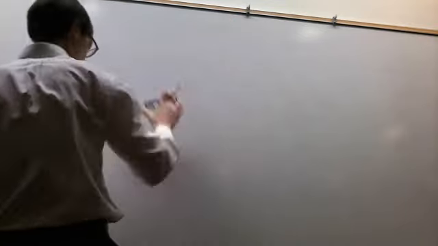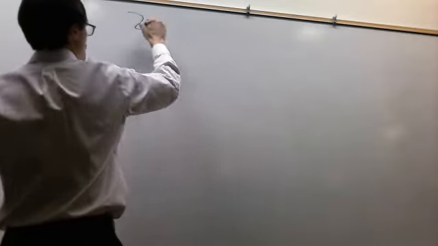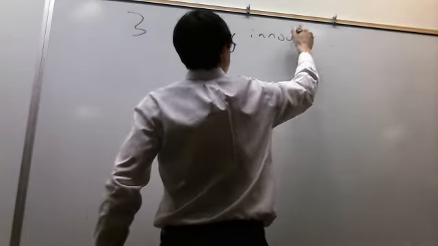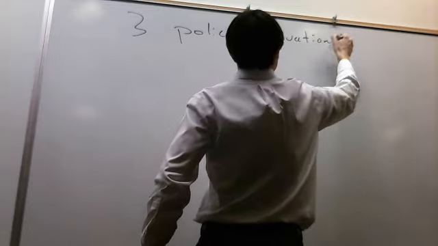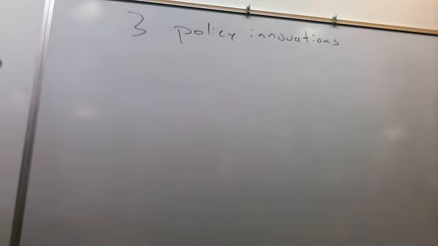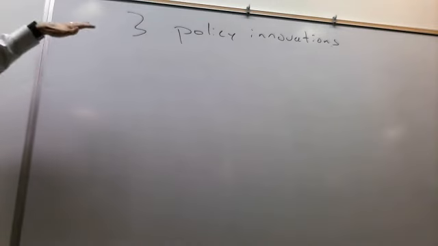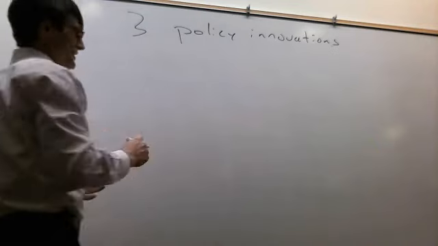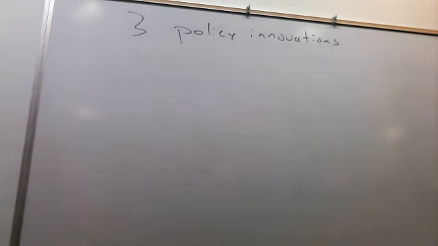So beyond those federal controls, we also have 3 policy innovations. Part of the complaint about the way schools are currently run is that there's not enough innovation that happens inside schools. And so what they say is that there's just not enough competition in order to improve the quality of schools.